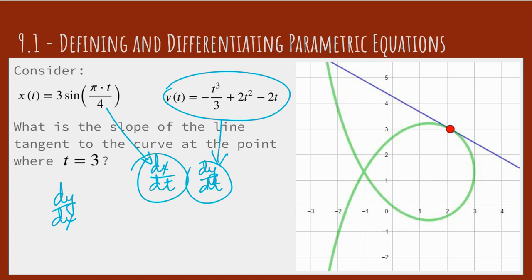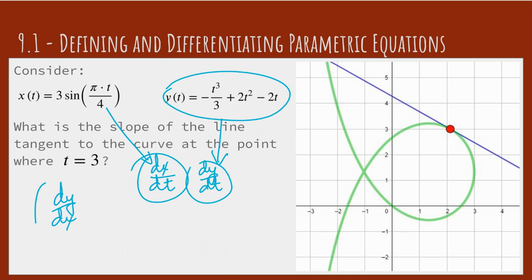So we can take two separate derivatives with respect to time and then divide those to get a derivative with respect to x. Now, I want to point out, and we'll see this when we do the example, that when we take derivatives here with respect to time, those derivatives are going to have t in them.